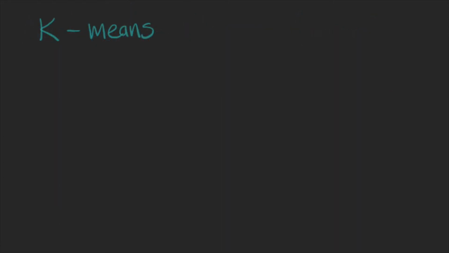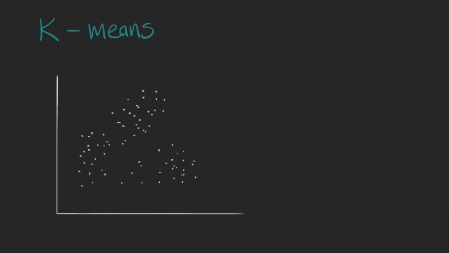A really popular algorithm for segmentation is K-means. In this case, we know in advance the number of clusters that we want, and the algorithm will do the rest. Imagine that we have these points and we want to find 3 clusters. We initiate the algorithm by randomly placing 3 new points that I will call seeds.